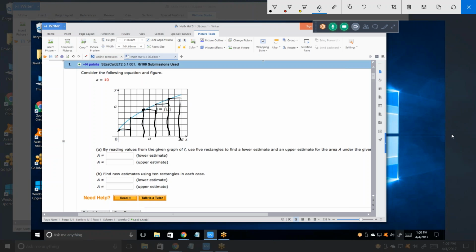Now, let's see. If you need a lower estimate, let's add it all up. What's the area of the first rectangle? We'll even call it number 1. It's 4 units wide, 2 units tall. Its area is 8.